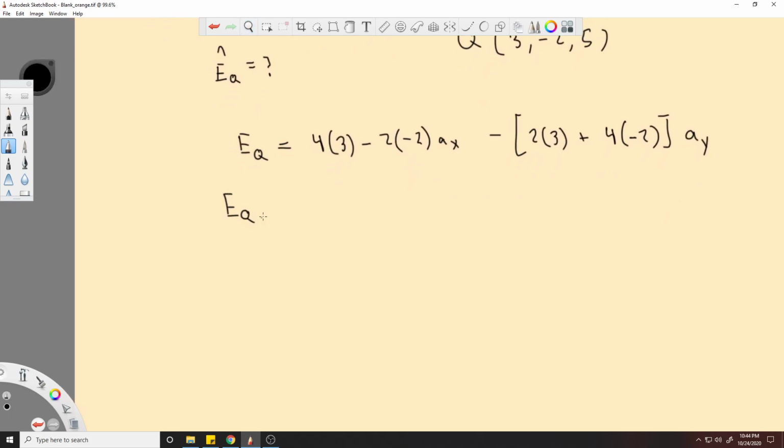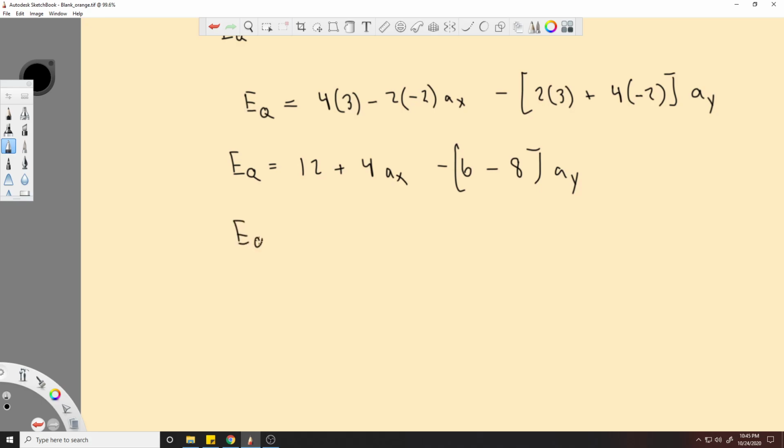Simplifying. 12 plus 4 in the AX direction minus, I'll leave that out, 6 minus 8 in the y direction.